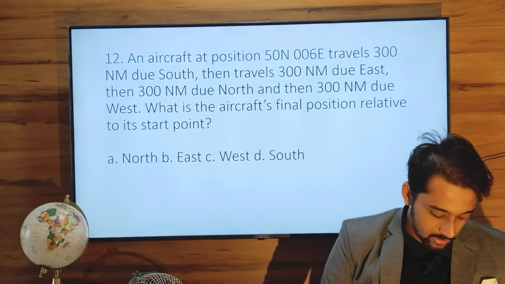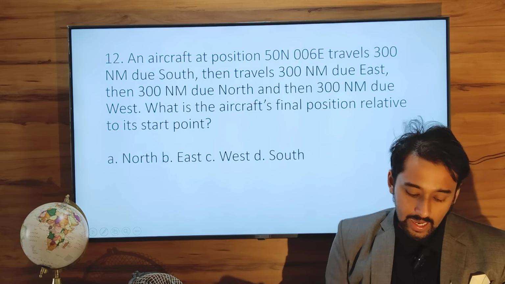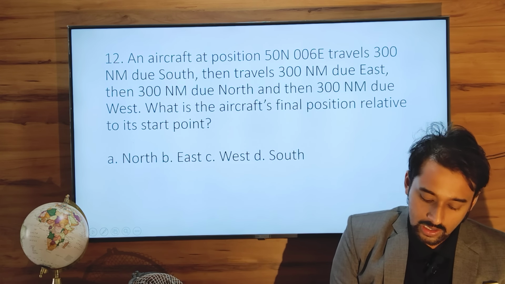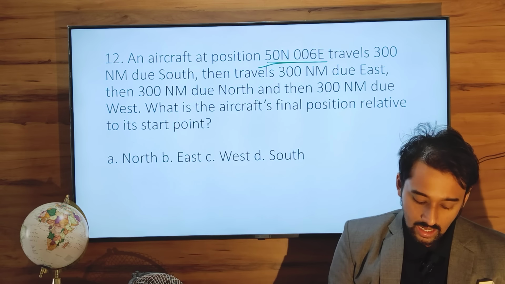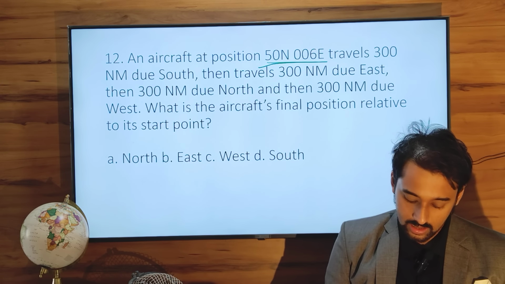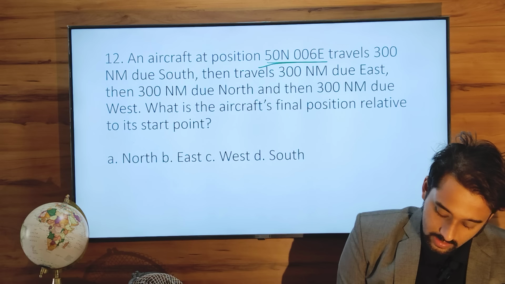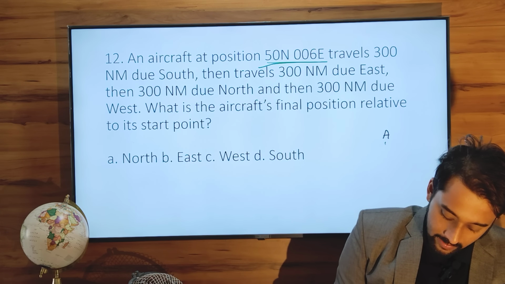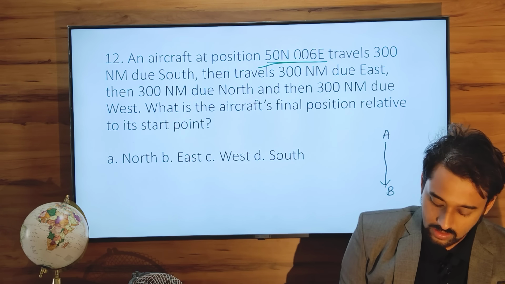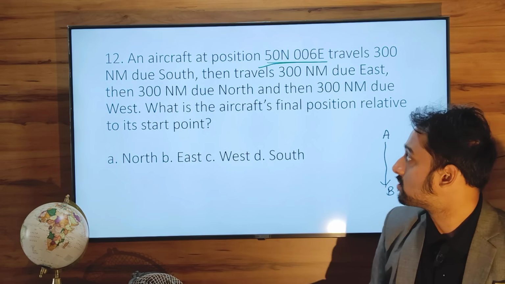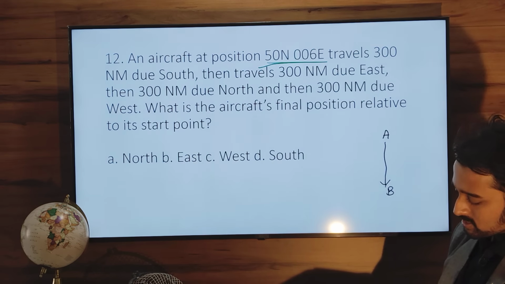Let's go to question number 12. Aircraft is at position 50 degree north 6 east. It travels south. So let's draw this. It travels south. Then it travels east.